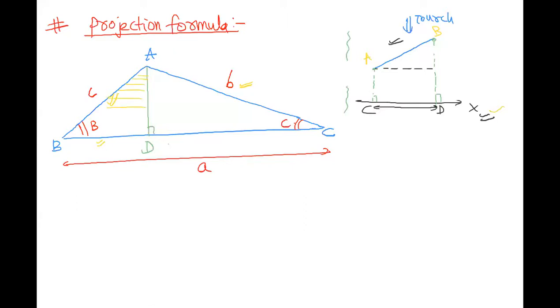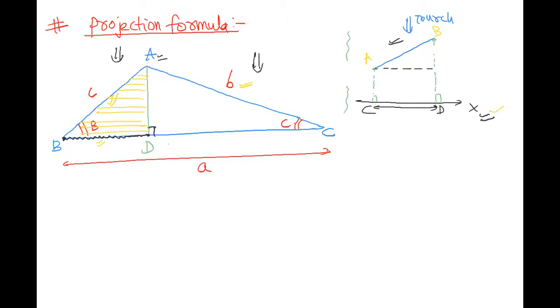Yellow color hashed triangle. As I have said, if you want to take the projection of AB on this line, this much will be the projection, because the perpendicular from A will come at this point D. The foot of the perpendicular will be D. So if I take the projection, it will be BD.